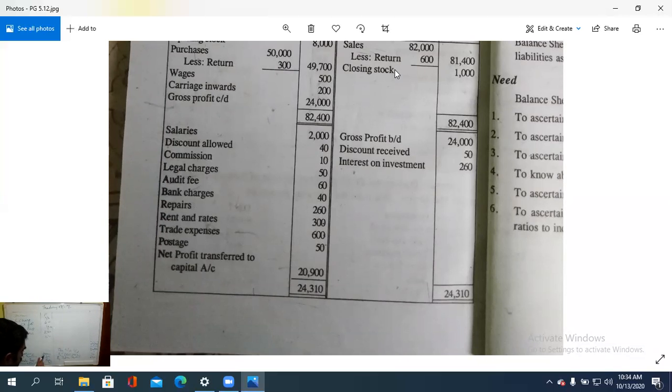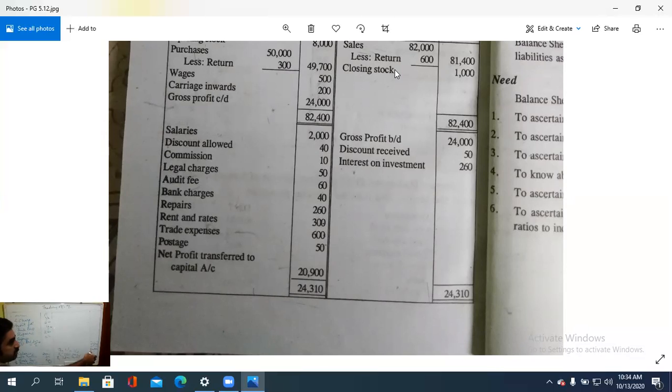And here 2,300, 2,940, then 2,950, then 3,000, 3,060, 3,100, 3,150 plus 260. So anyway, the net profit is how much? Net profit transferred to capital account.